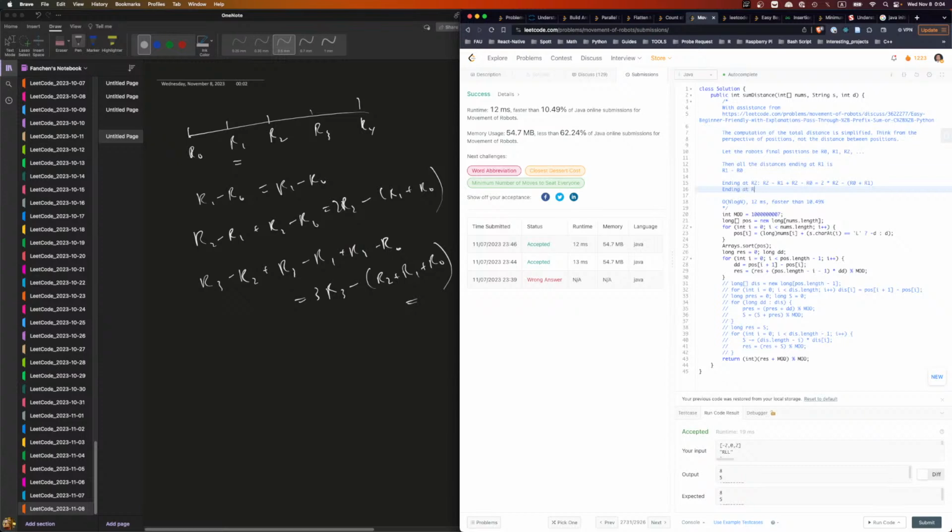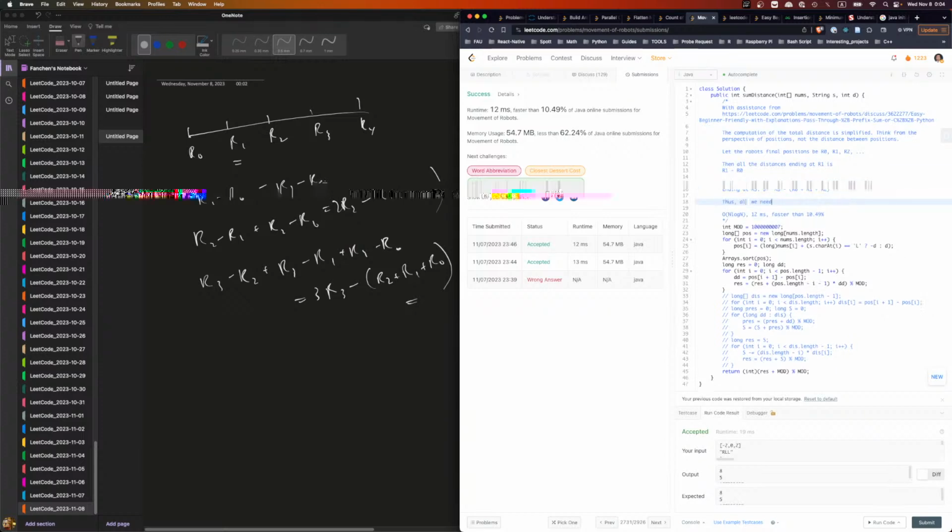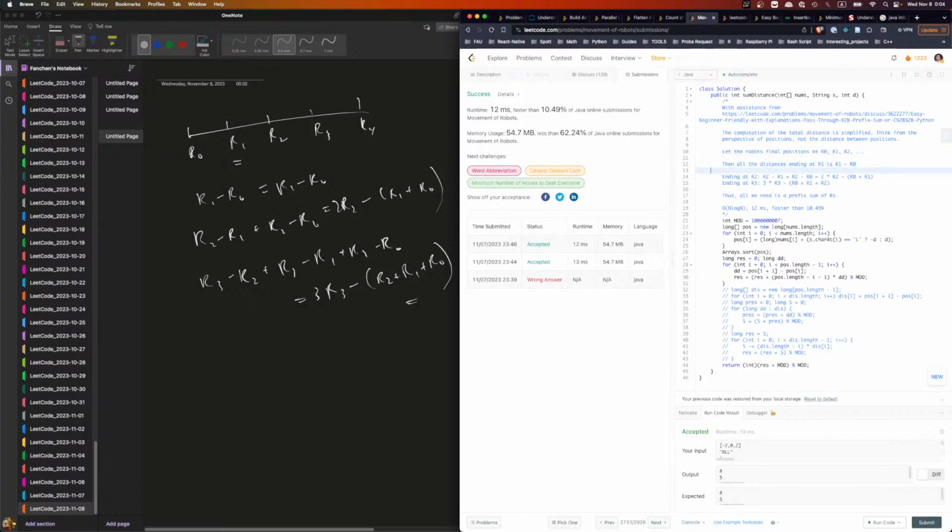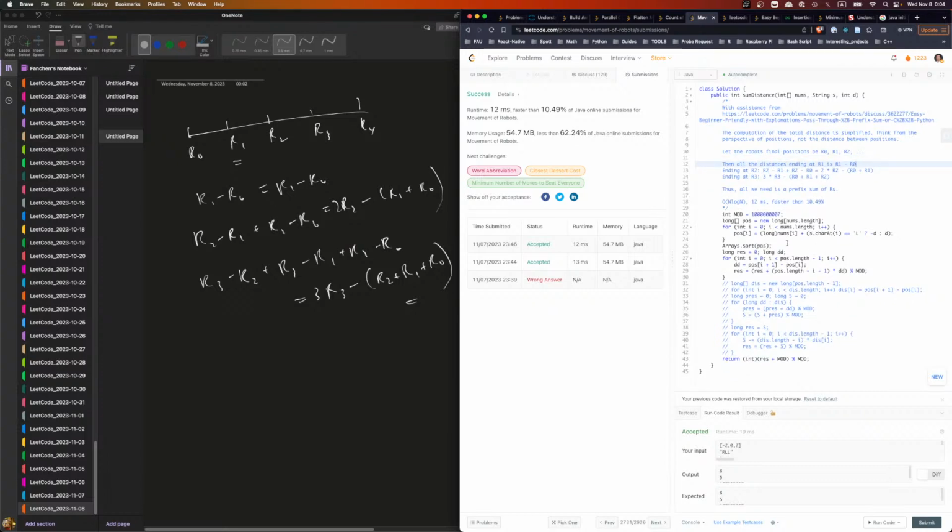Ending at R3, 3 times R3 minus R0 plus R1 plus R2. Thus, all we need is a prefix sum of R's. Okay, but we have P, we'll call him P, but it's fine, right? We just need a pre-sum.